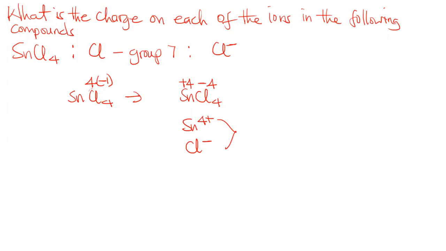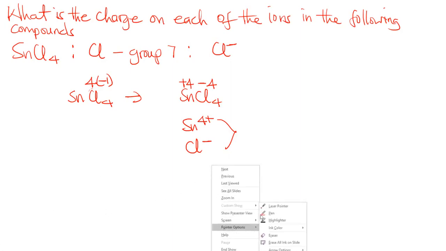Once you get the total charge here, this is equal to the total charge on the tin, which means we have tin 4 plus and chlorine 1 minus from here, because we know from the periodic table that chlorine is going to be 1 minus or -1 charge.